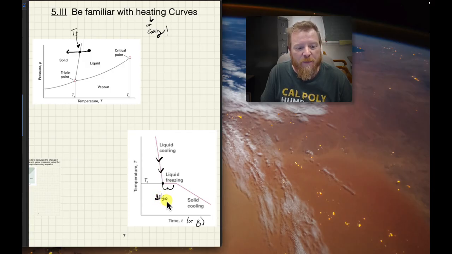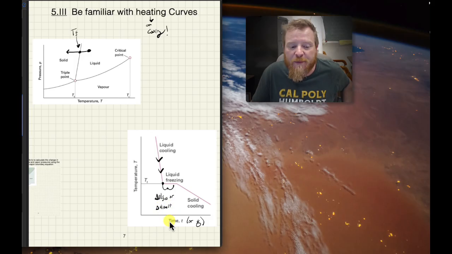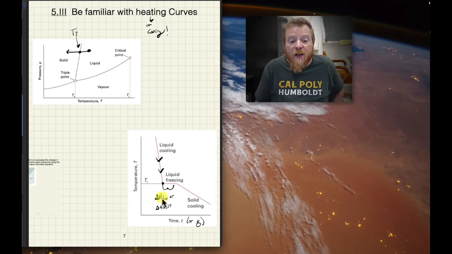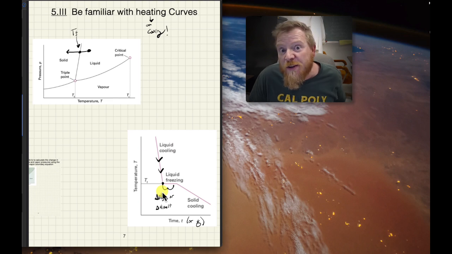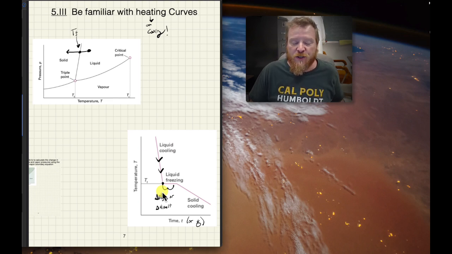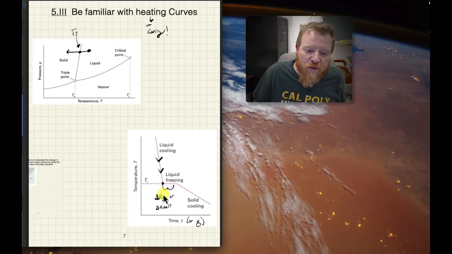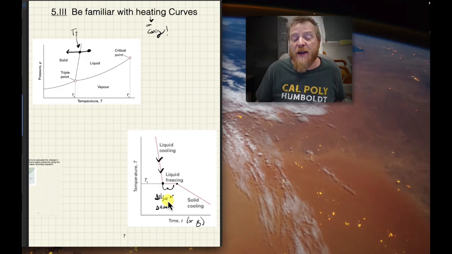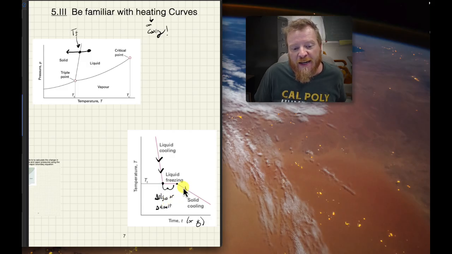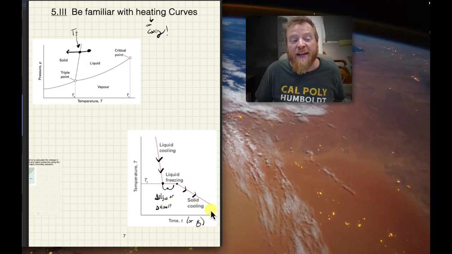In that case, that would be delta H fusion, or in other places, we've called that delta H of melting, right? Same idea. So that's the penalty we have to pay, or the tax refund we're given, depending on if it's an exothermic or endothermic phase transition. So eventually, once we've paid that penalty, or that penalty has been paid out to us, the phase transition can finally happen, and now we're at the solid phase, and it continues to cool, all right?